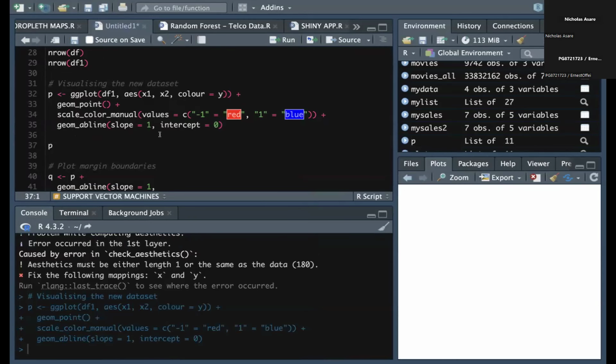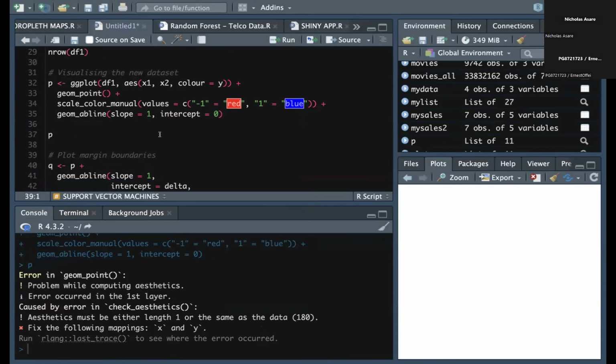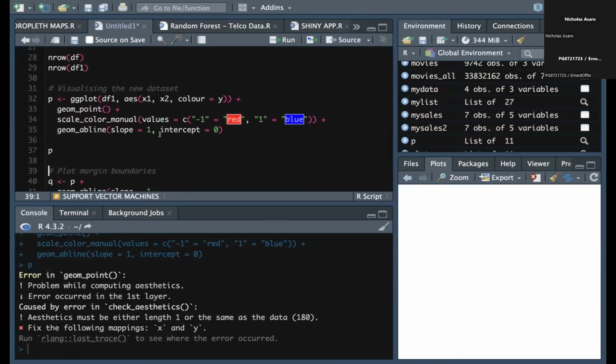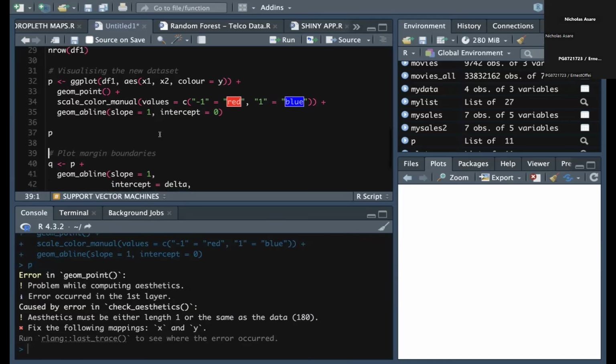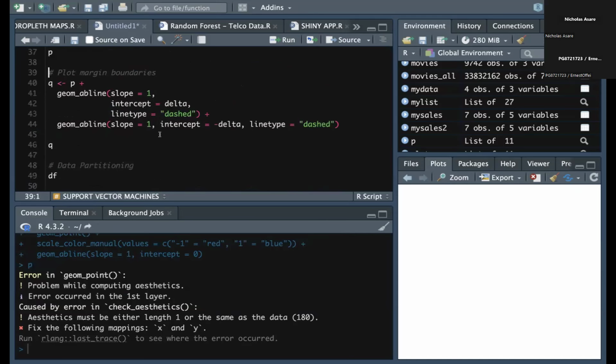So you're having a problem with the margin boundary. Can you scroll up to 39? Let it go up so that we see. So you have here geom_abline, slope equal to 1, intercept delta, and line type.